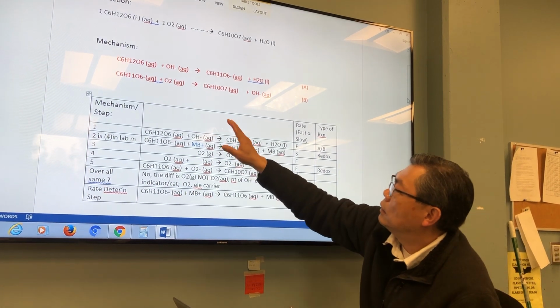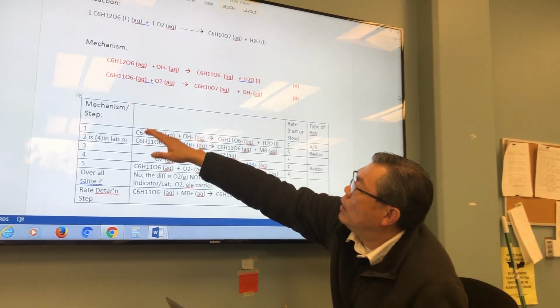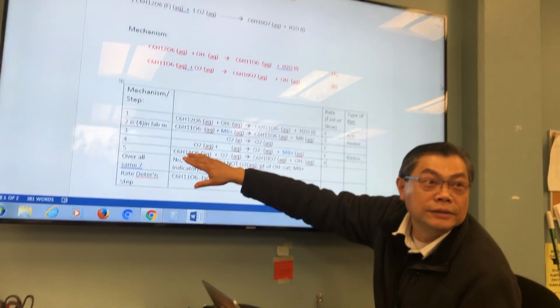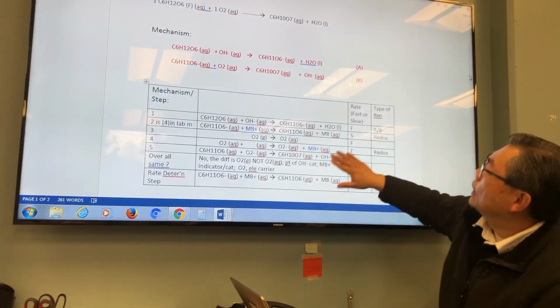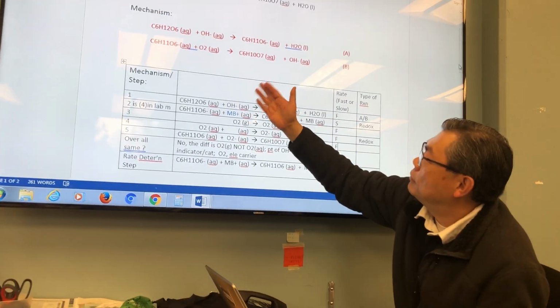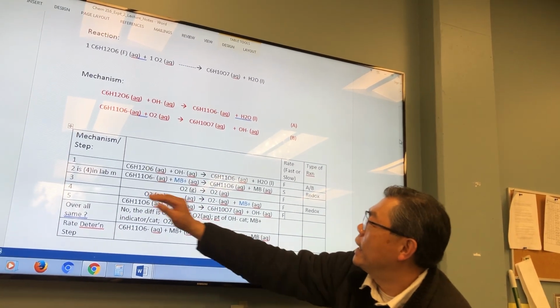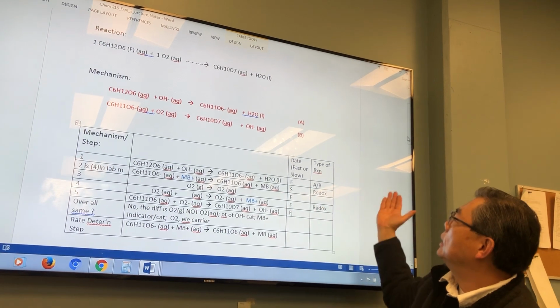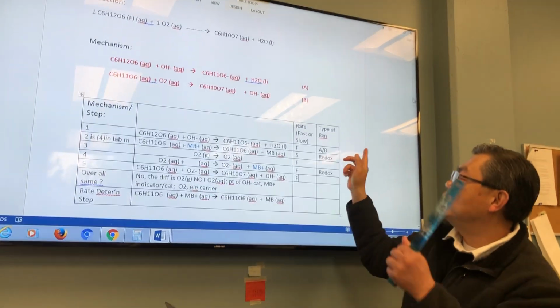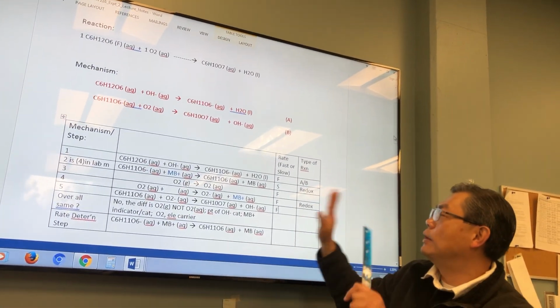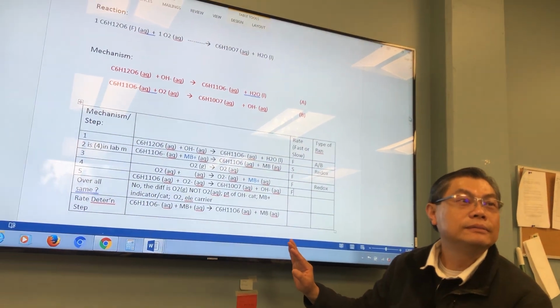So when you combine all this reactant and product, you can get a piece of paper, put all this on one side and all that on the other side. Then you try to cancel out whichever one you have on both sides.